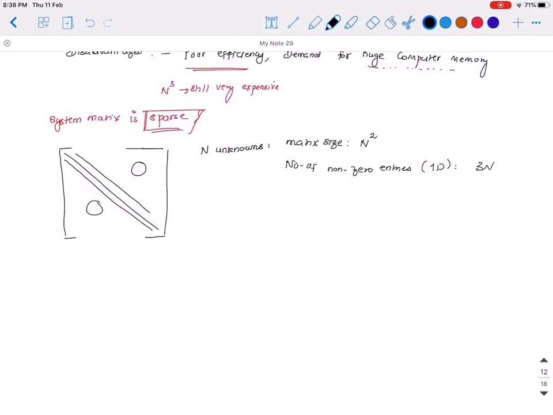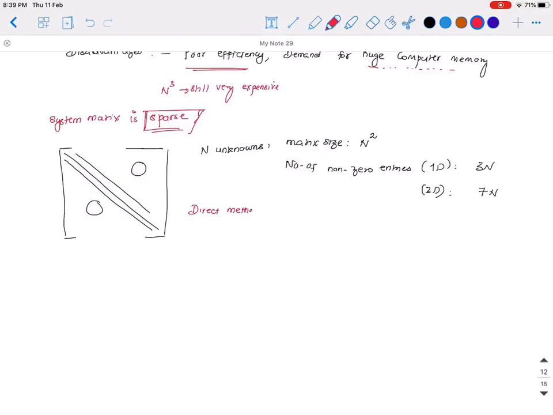For a 3D problem it will be 7 times n. So the majority of the elements appearing in the matrix are 0. Such a matrix is called a sparse matrix. But direct methods cannot exploit the sparsity of such matrices.